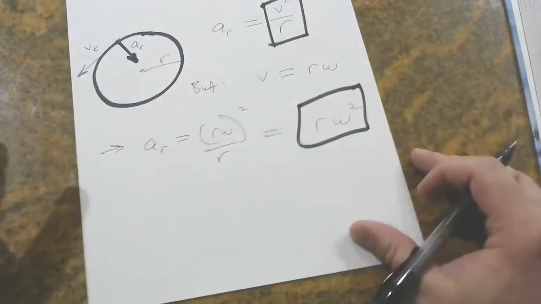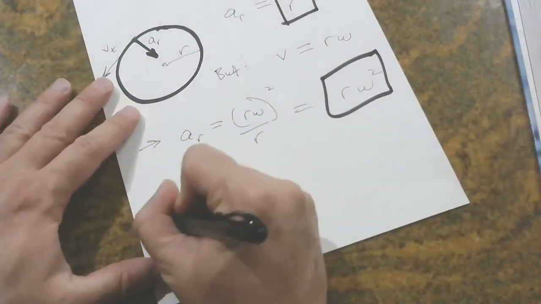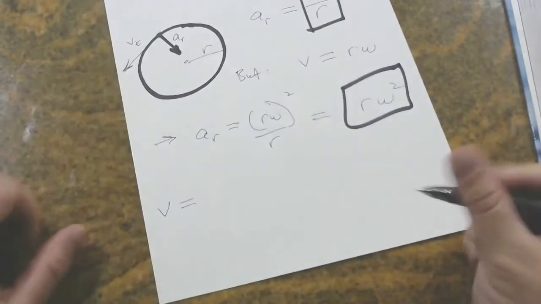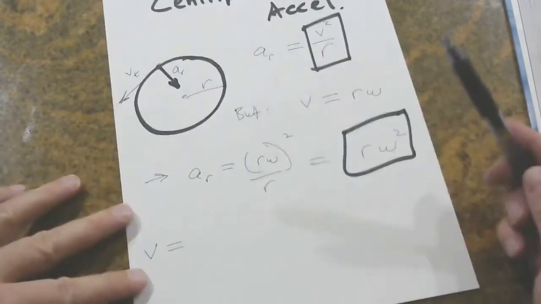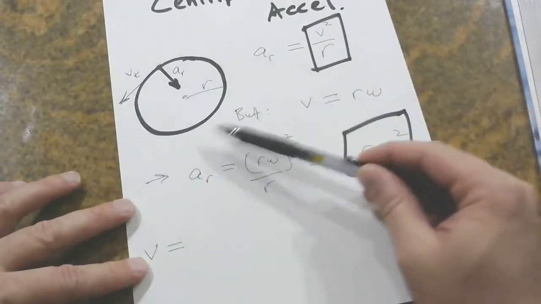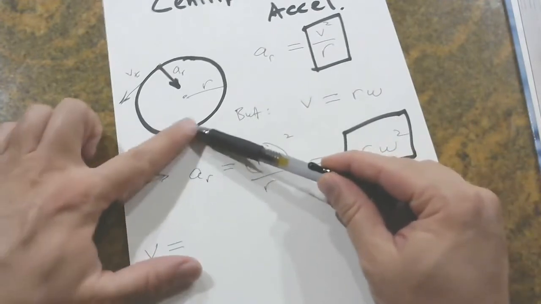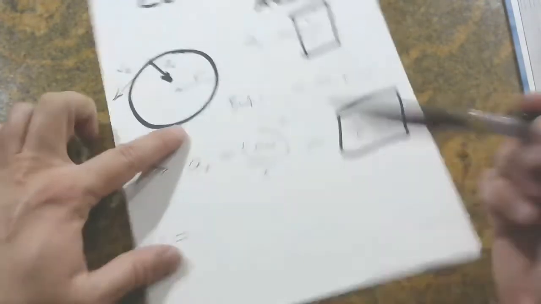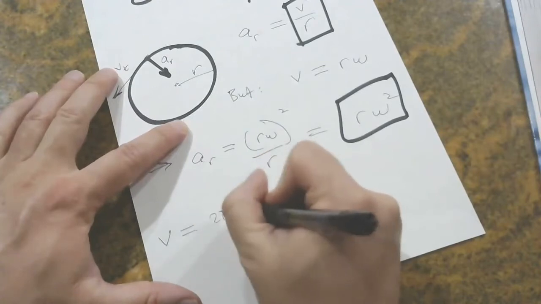There's a third formula, however. Remember, for constant speed, speed is distance over time. So if you're in uniform circular motion, you're going around at a constant speed, the distance around the circle once, of course, we call that the circumference, and we know that that's 2 pi r.